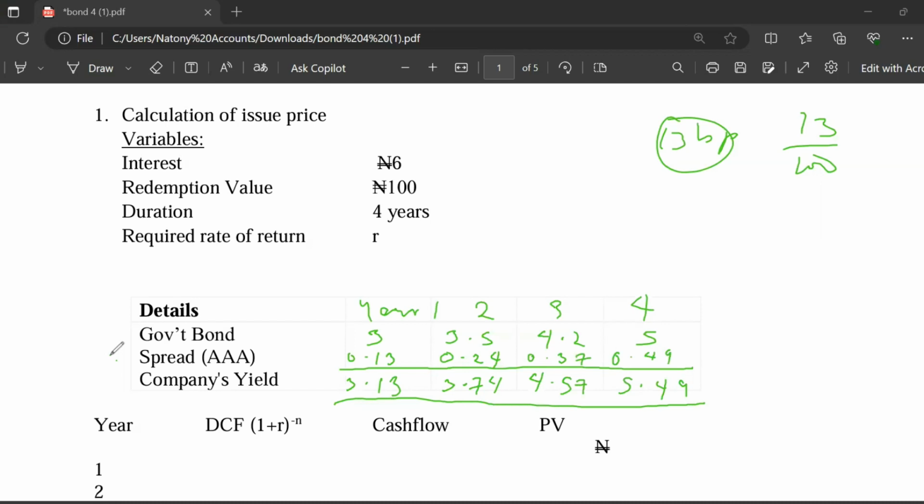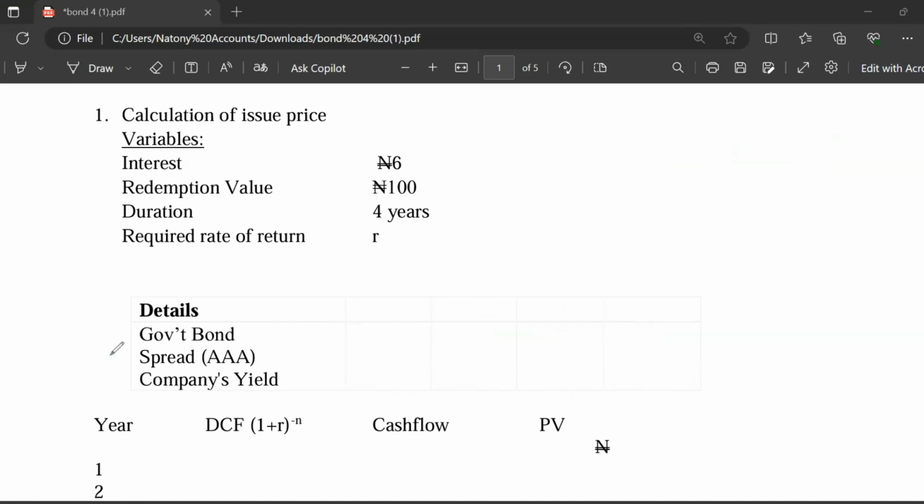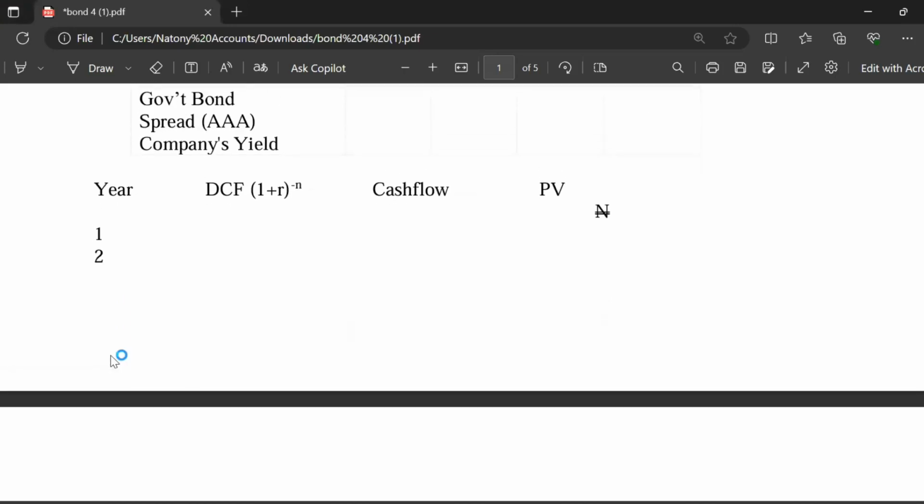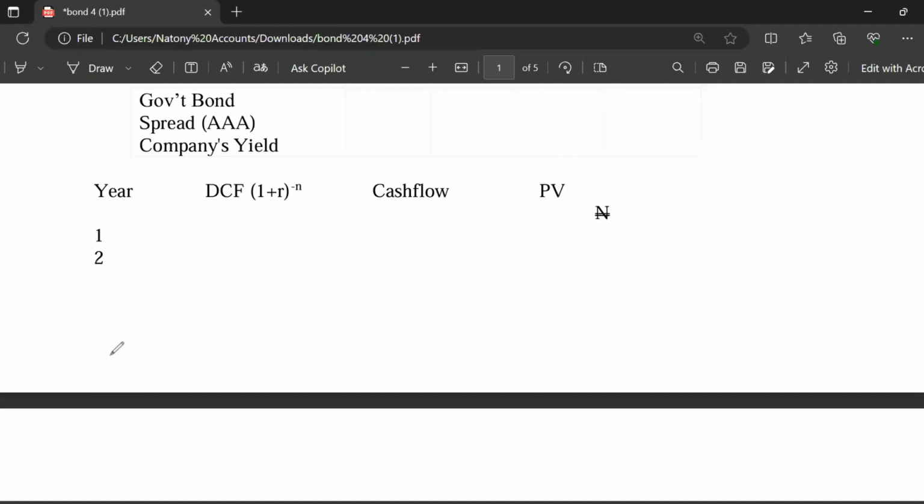Let's bring in the cash flows for the bond. So year one, what will be the value for year one? 6 naira. The cash flow for year one will be 6 naira.